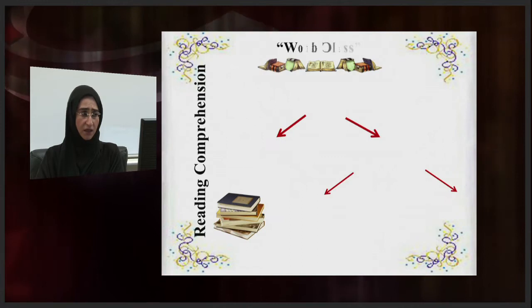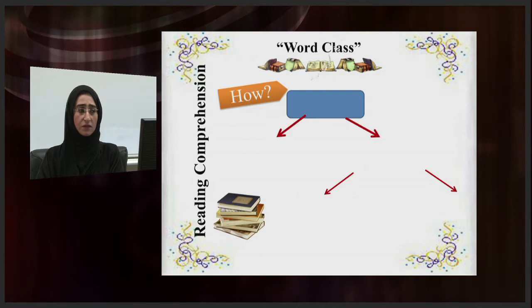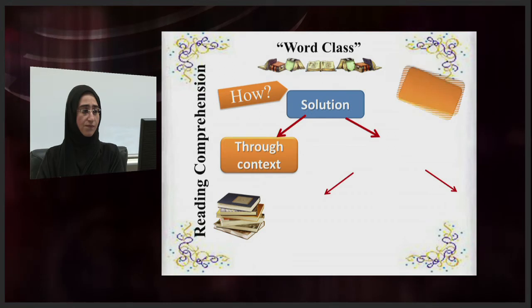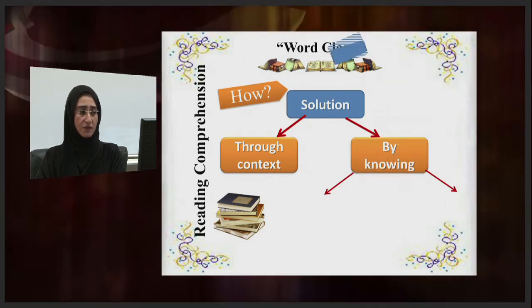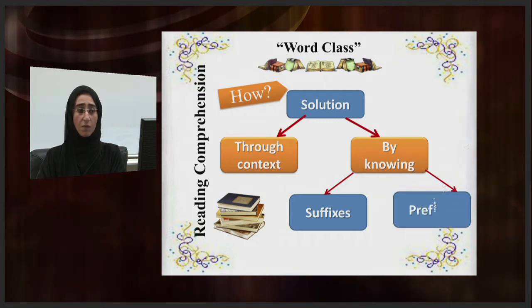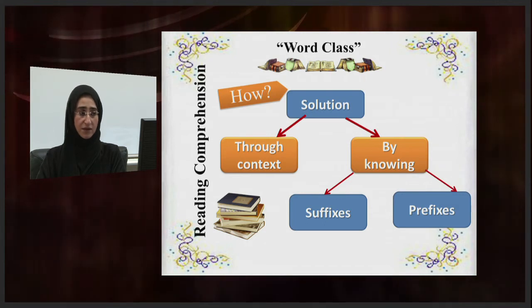Okay, and then we will get this through reading the sentence itself, and that means reading through context. Here, the word classes. How can I go through this or have these solutions? The first solution is to go through it through context, or by knowing the suffixes and the prefixes of these words.